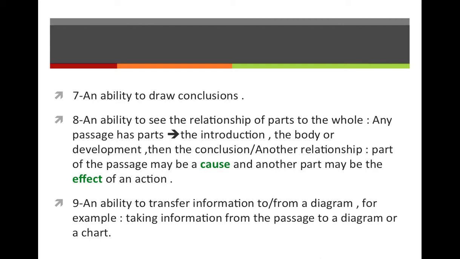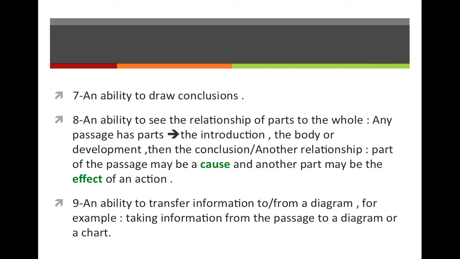The eighth cognitive skill is the ability to see a relationship between parts of the passage and the whole passage. Well, there are many types of relationships that might be available in any passage or composition or essay.